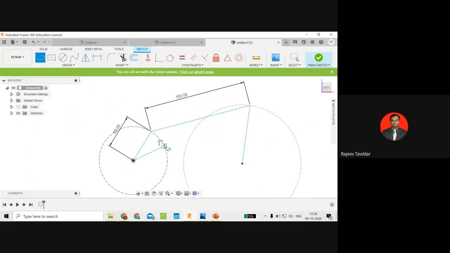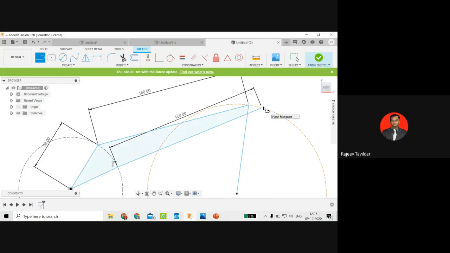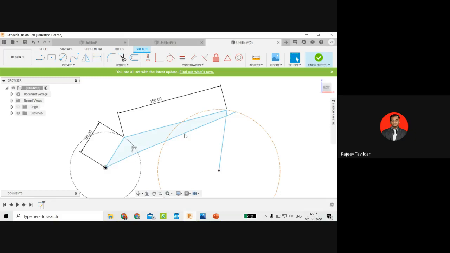Let me check it once again. Okay, so this is the extreme left position.